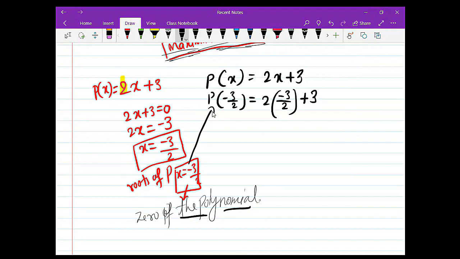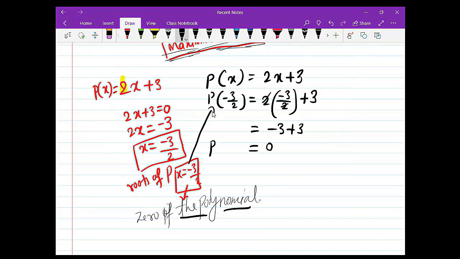After cancelling this 2 in the denominator and the 2 in the numerator, what do we get here? Minus 3 plus 3 remains. So what will be the final answer? Minus 3 plus 3 cancel each other, so the answer will be 0. See how we are getting this?